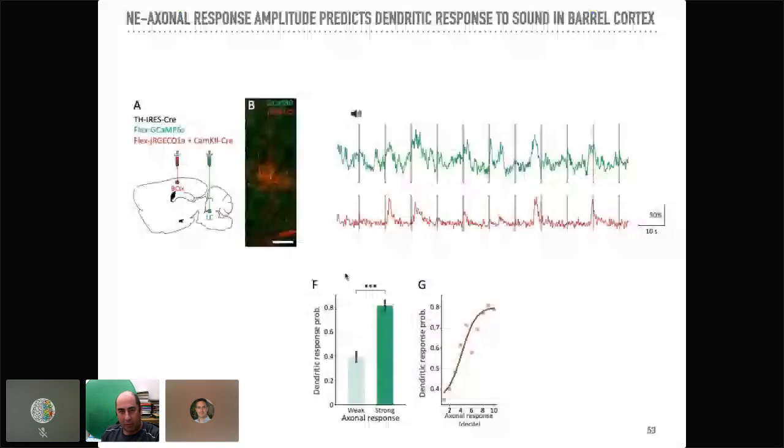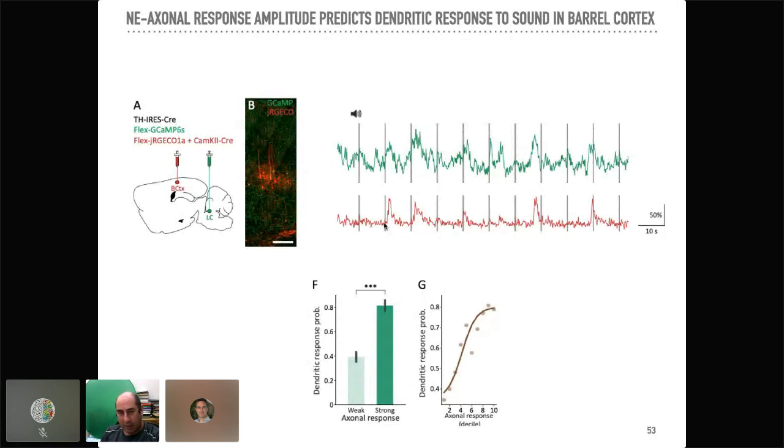And then when we look at them together, we see that the norepinephrine is responding to the sound almost every time, but not every time with the same amplitude. But the dendrites are sometimes responding to the sound, which is kind of weird to begin with, because these are dendrites in the barrel cortex and they respond to sound, but sometimes they don't respond at all. Okay, sometimes they're active with no correlation to the input.